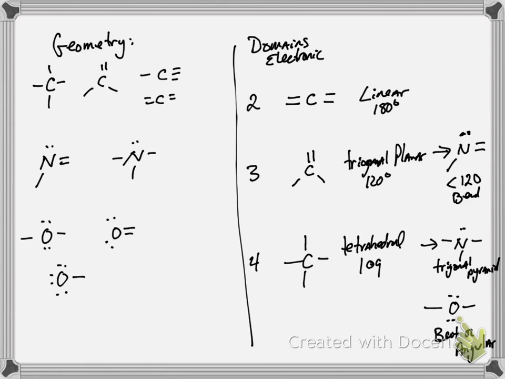So there are still 4 domains in both of these, with oxygen and with nitrogen. There are still 4 electronic domains, but because of the lone pairs, they are not molecularly tetrahedral. They have these other designations.